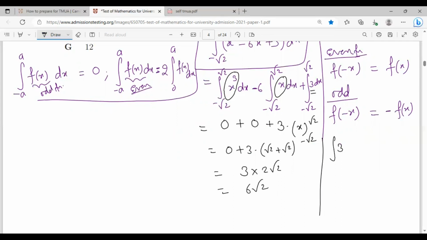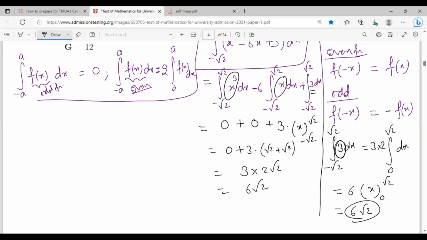The integration of 3 dx from minus root 2 to root 2: a constant function is an even function, so you can apply the formula. 3 is outside, and 2 times the integration from 0 to root 2 of dx gives 6 with the limit 0 to root 2. So it's 6 root 2.